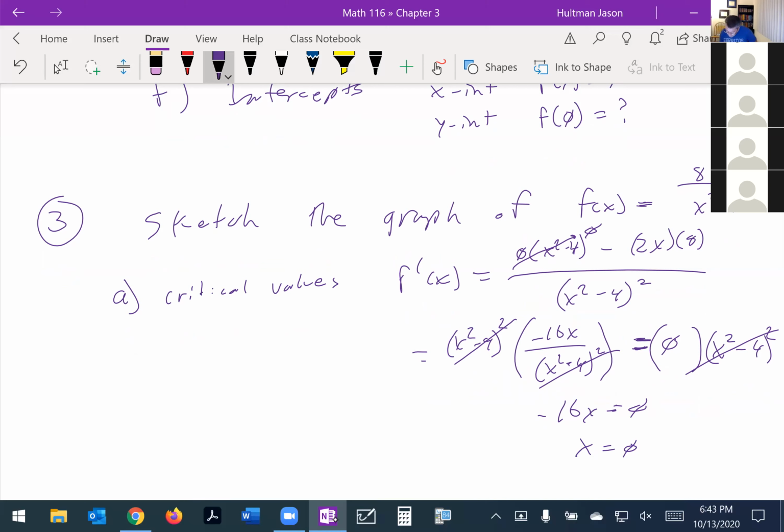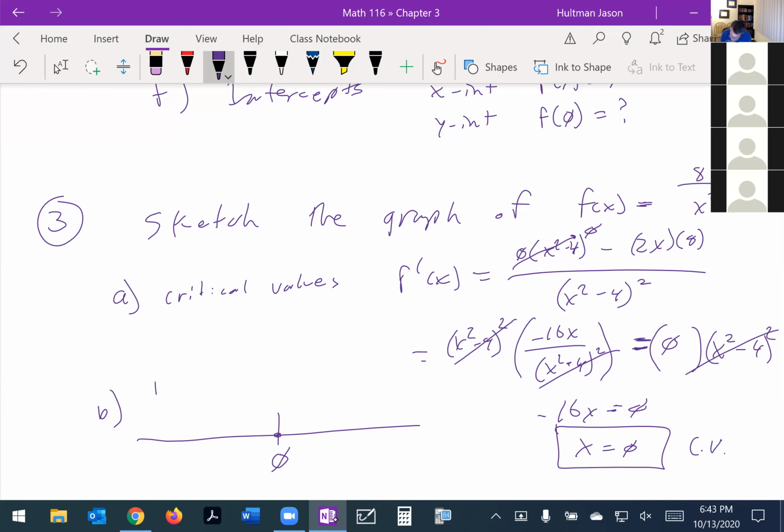Let's look at our derivative around this value 0. So let's go to B. x equals 0 was my critical value. Let's look around 0 to find our relative extrema. Is this going to be a max or a min?